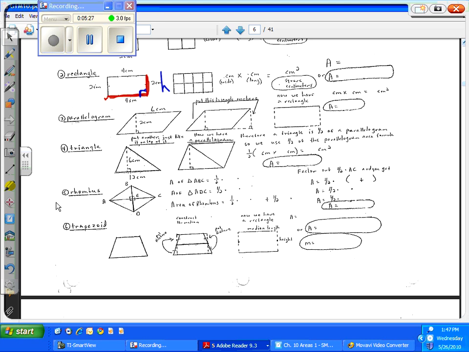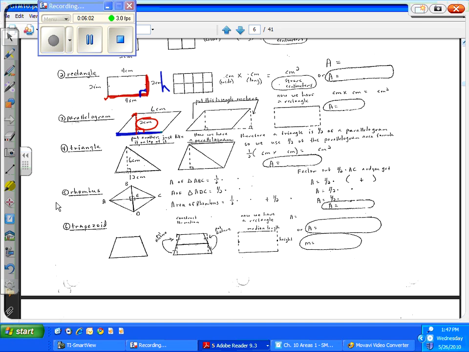Well, if we look at this parallelogram, its base is 6 centimeters, just like the top. But how tall that parallelogram is, is not this other side, because it's leaning. How tall something is, or the height of something, is from the top of it perpendicular to the bottom of it. So the 2 centimeters is actually the height of the parallelogram.